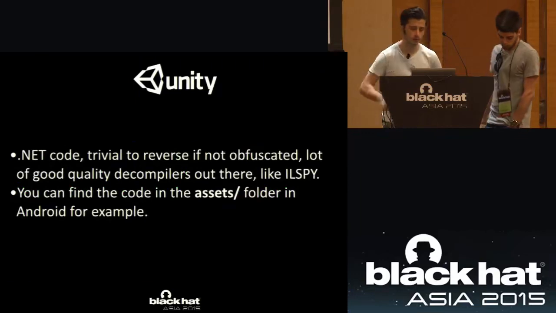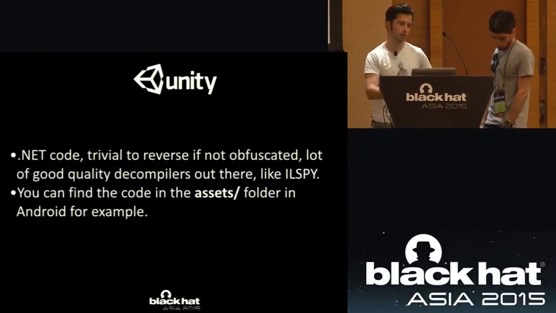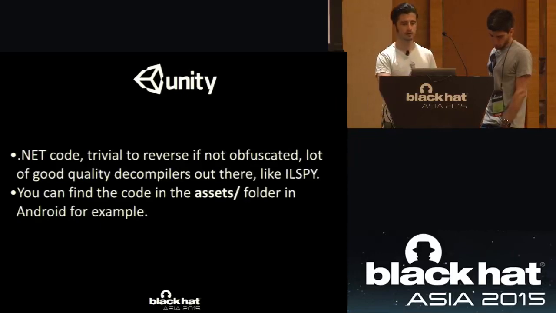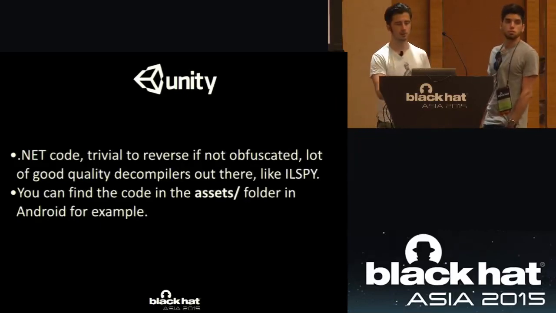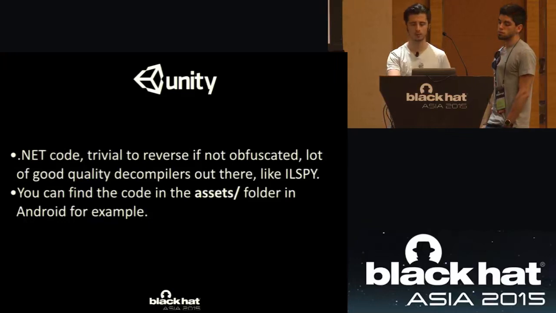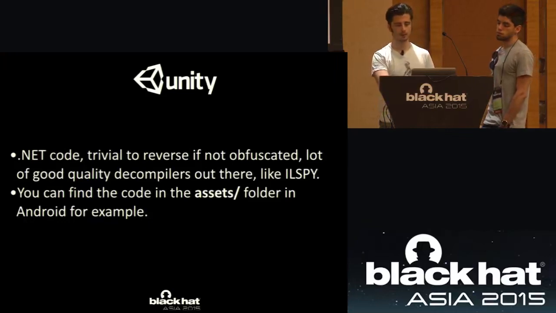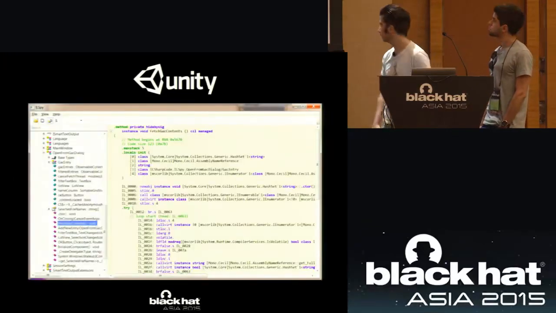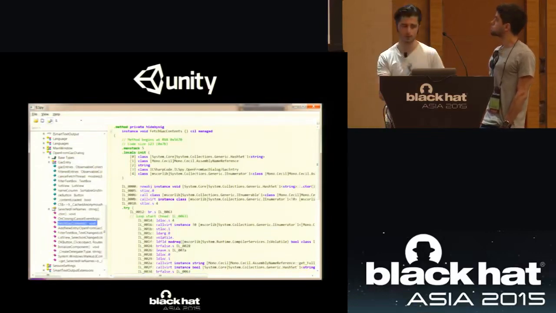Last but not least, there is the Unity framework, which is coded in .NET, like we said before. And if it's not obfuscated, it's very easy to decompile, because the .NET platform is really good in terms of decompiling. You can use, for example, ILSpy, which is a very good .NET decompiler, and you can just start reversing the code from there.